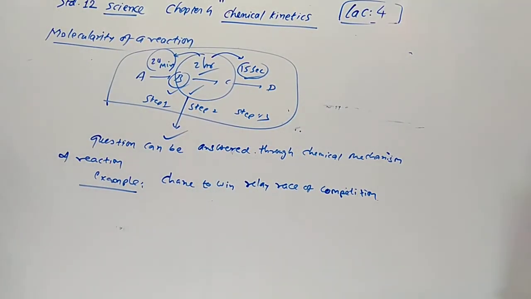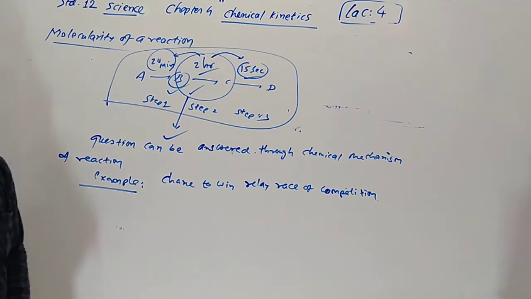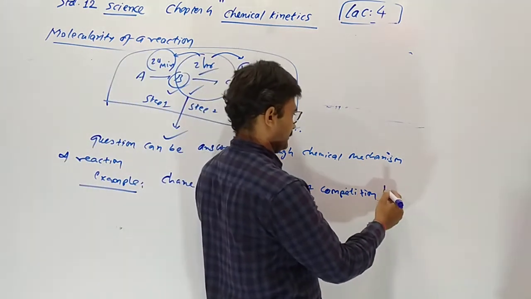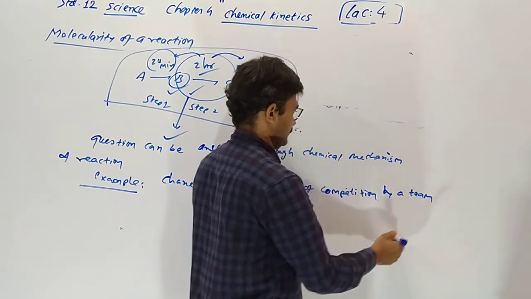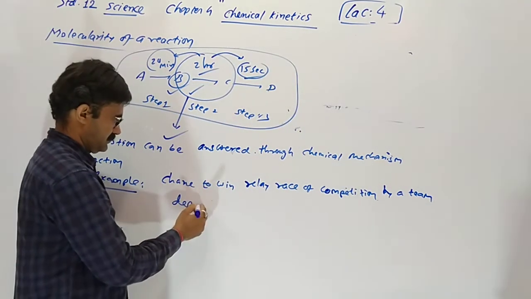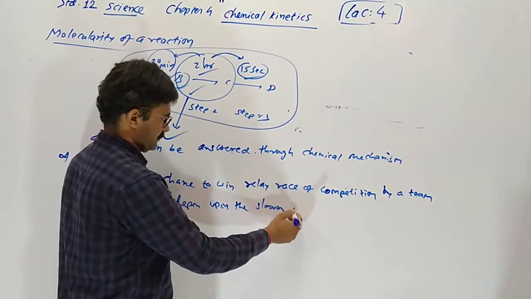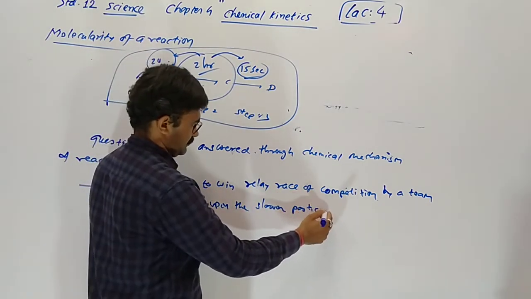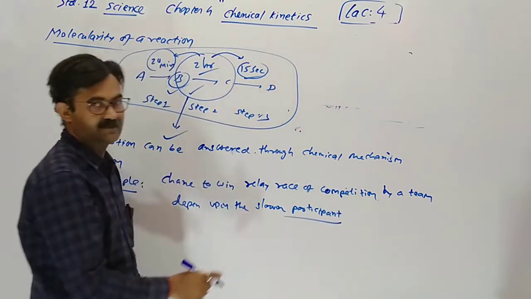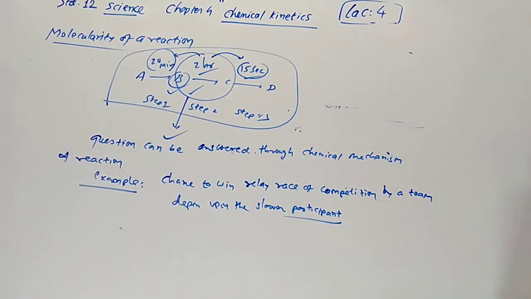A relay race is a running competition, by a team depending upon the slower participant, the slowest person in the team.